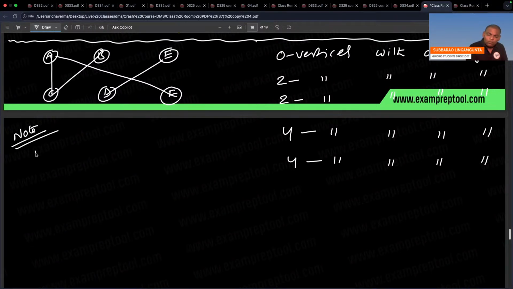What is the note? We are talking about simple graphs.